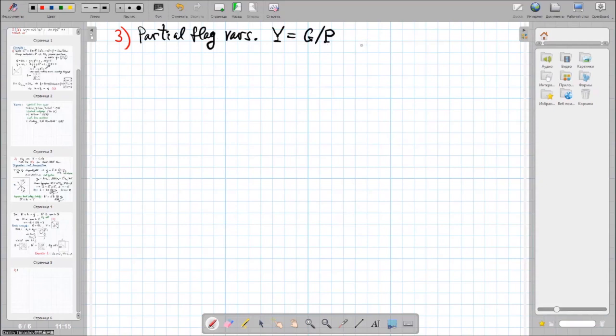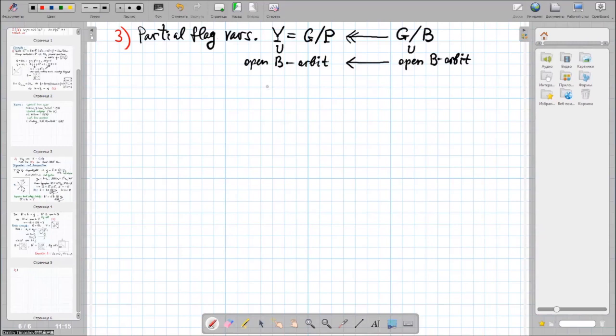Why is it a spherical variety? Because we have a surjective projection map from G mod B to G mod P, and we already know that G mod B is a spherical variety. It contains an open Borel orbit, and the image of this orbit is, of course, an open Borel orbit in the partial flag variety.